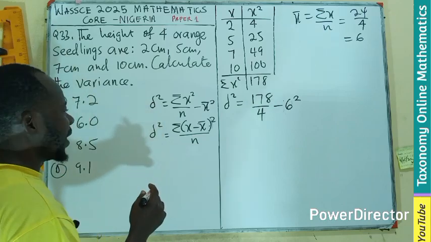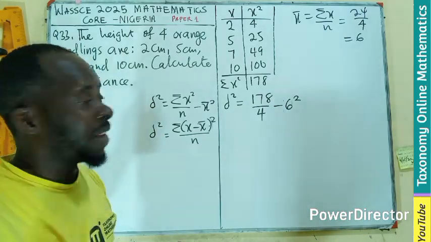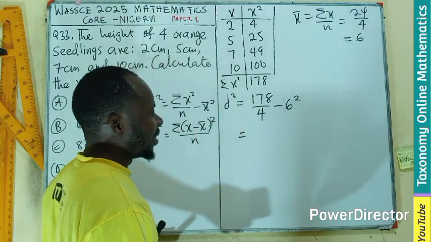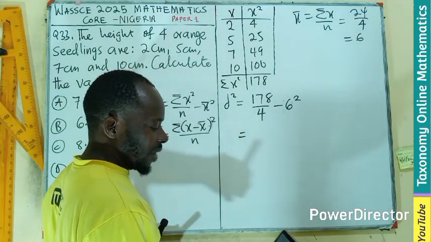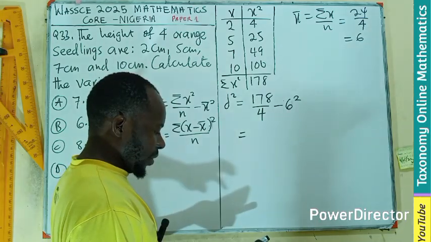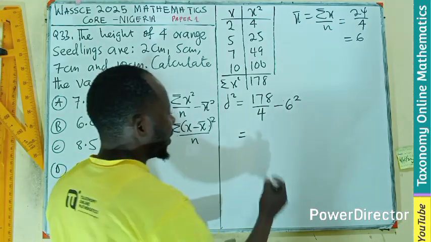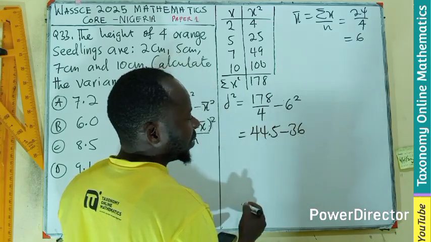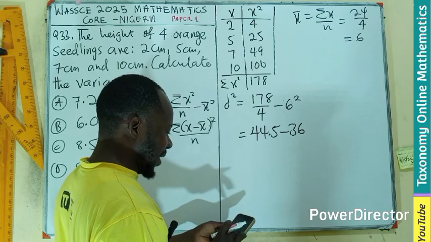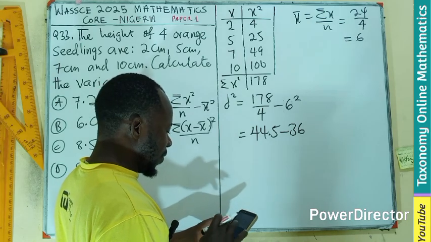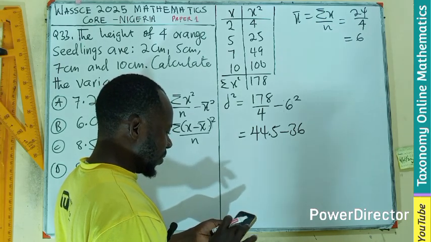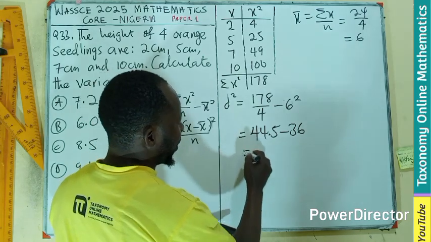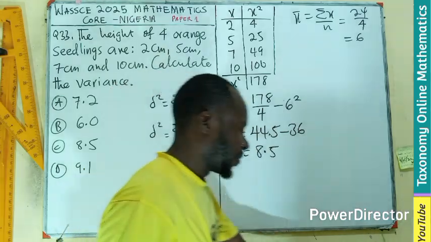Remember, we are solving section A, so we would like to move as fast as possible. So this becomes 178 divided by 4, which gives us 44.5, minus 36. 44.5 minus 36 will give us 8.5.